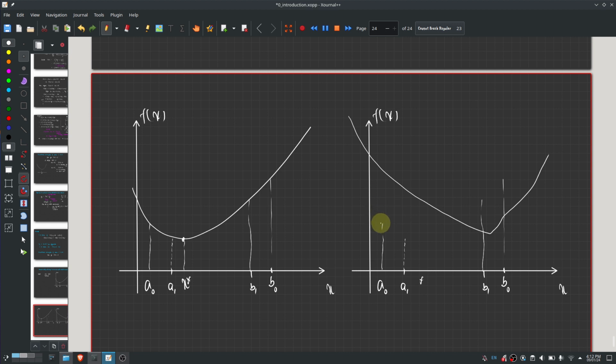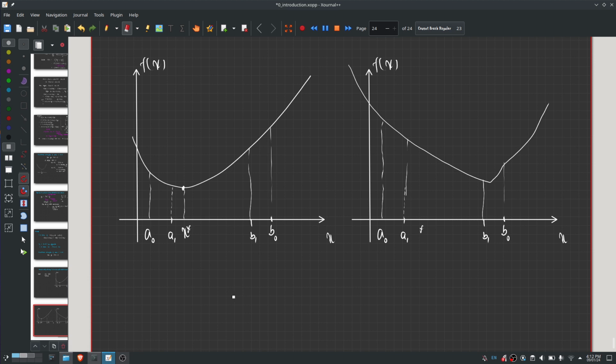So in each of these cases, I want to basically shrink down my search space from A0, B0 to something smaller.